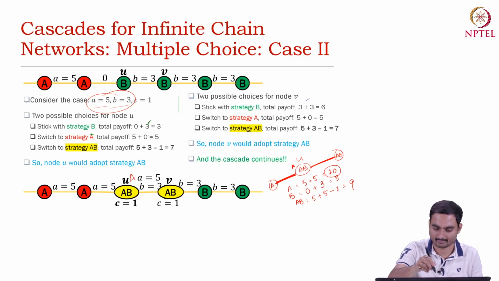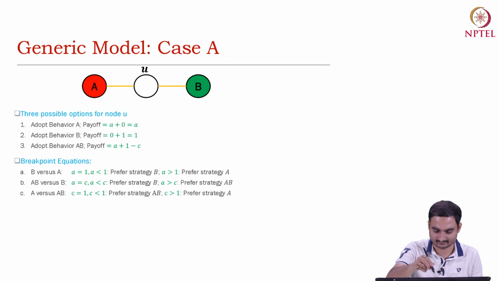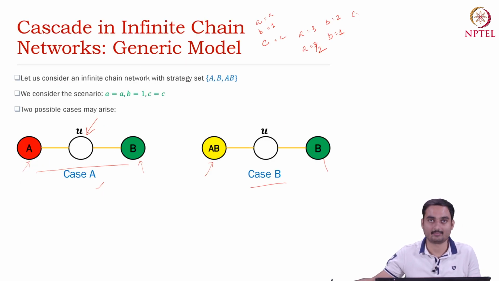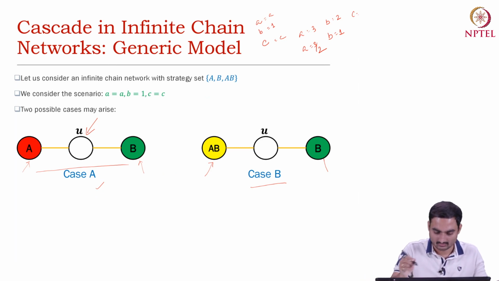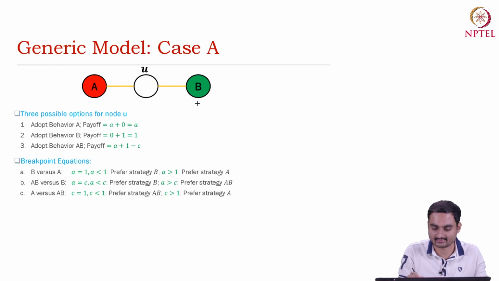Now let's see what happens. Let's take case A. For node U, let's say U has adopted strategy A. What would be the payoff?